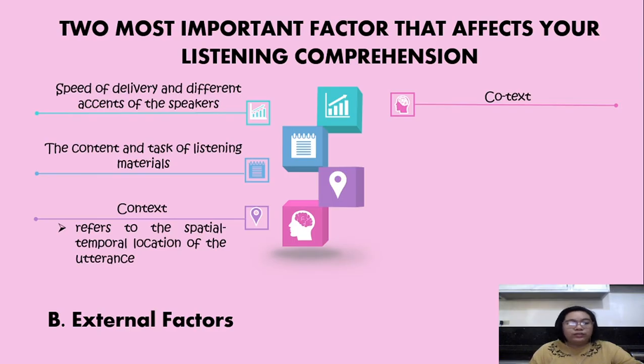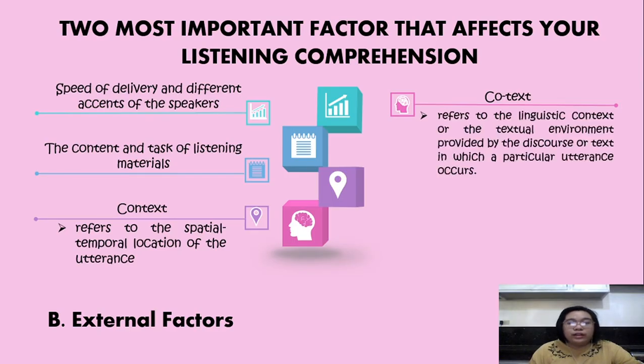So when we say context, it refers to the linguistic context or the textual environment provided by the discourse or text in which a particular utterance occurs. So basically, context is our interpretation of meaning. It contains the words surrounding a particular word or passage within a text that provide context and help us to determine its meaning.